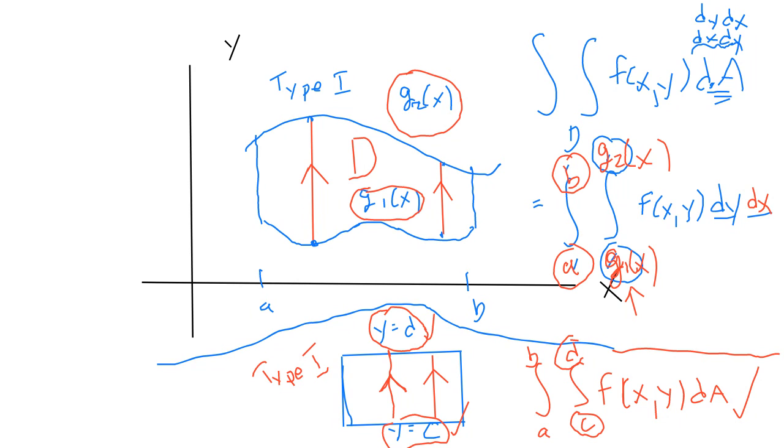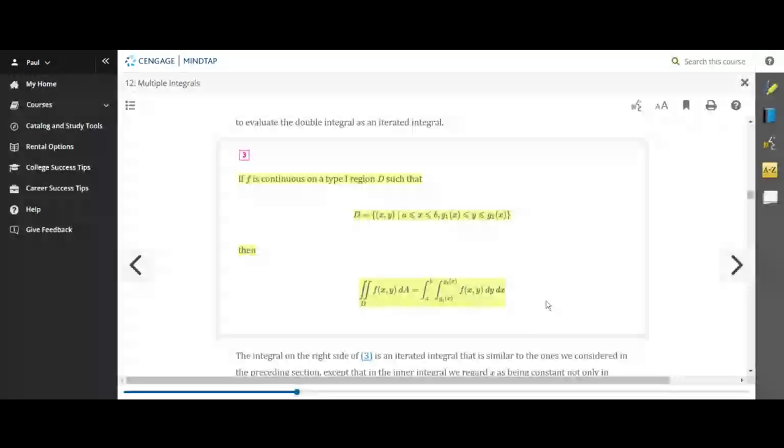Section 12.3 is just your limits: for a type 1 region, your y limits are variable functions of x. And that's how they're getting this double integral for a type 1 region.